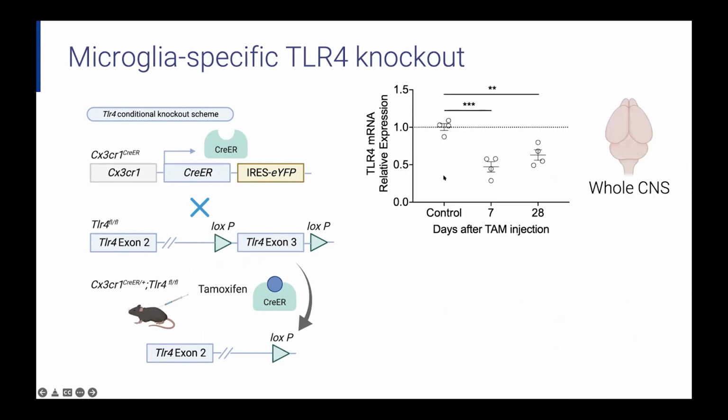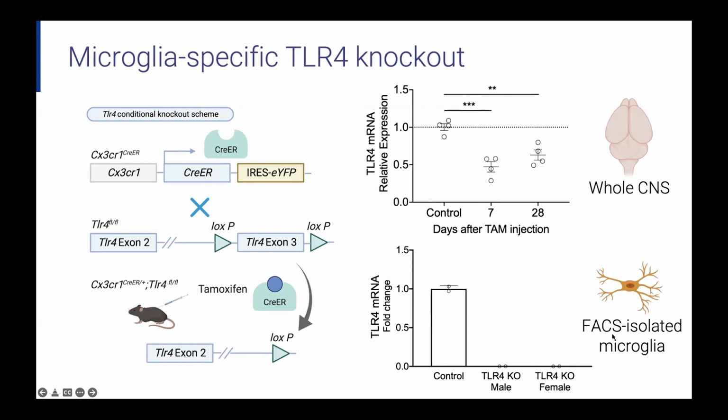So one interesting thing that came from this work is when we isolated whole CNS, we found that the tamoxifen injection resulted in a significant decrease in TLR4 expression, but there was still some TLR4 expression in the whole CNS. However, when we FACS isolated microglia, there was a massive drop down to essentially undetectable levels, suggesting that other cells besides microglia do express TLR4 in the CNS.